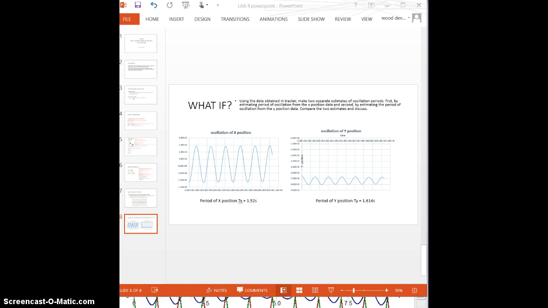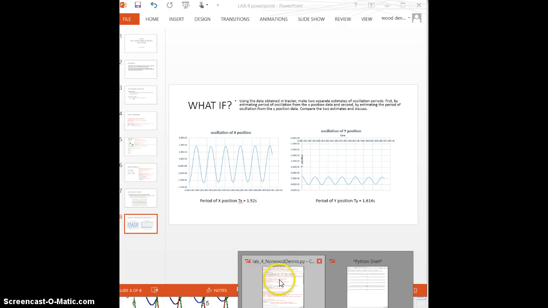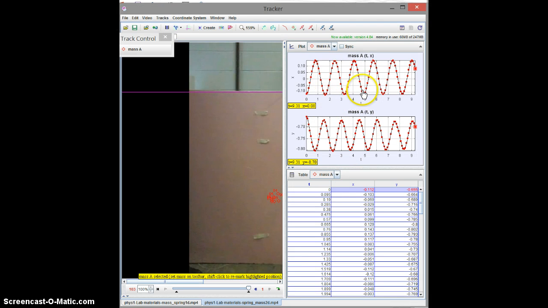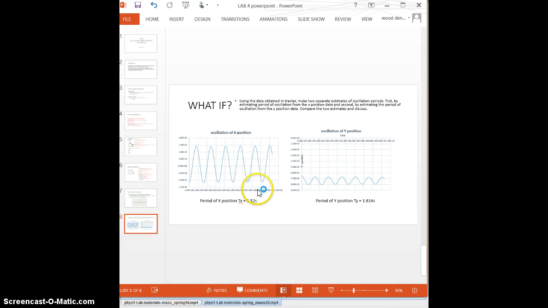For the what-if analysis, I plotted these graphs from Tracker in Excel separately in order to analyze the differences in period duration between the period of oscillation of X position versus Y position.